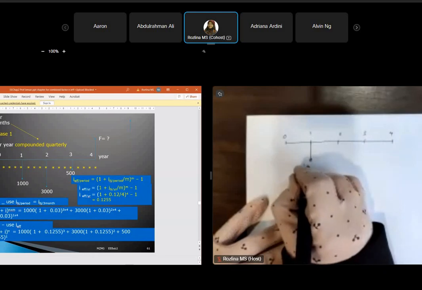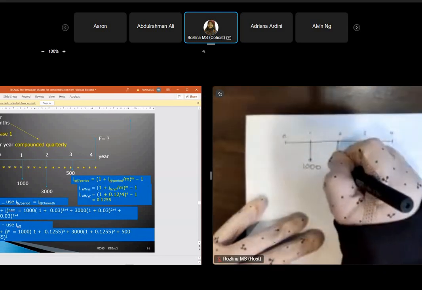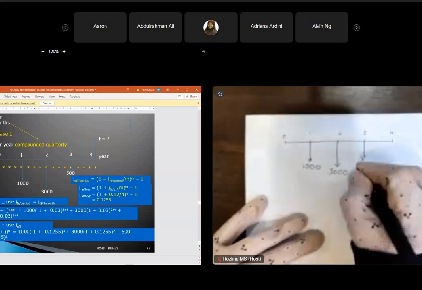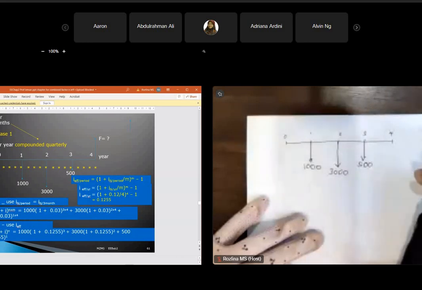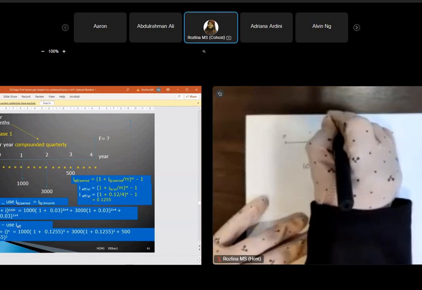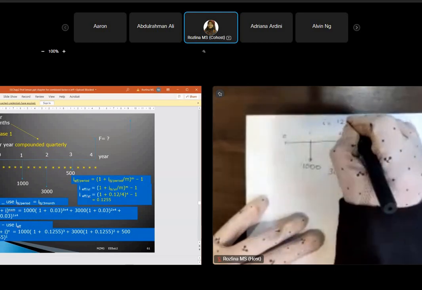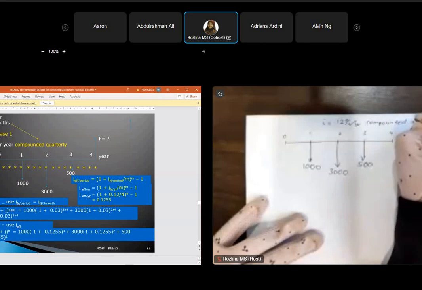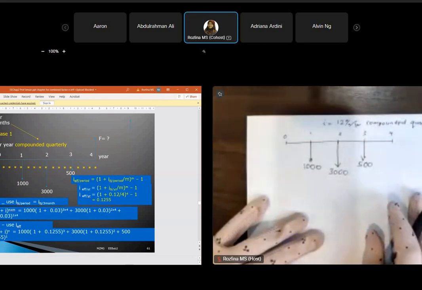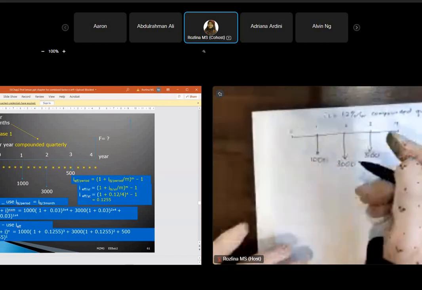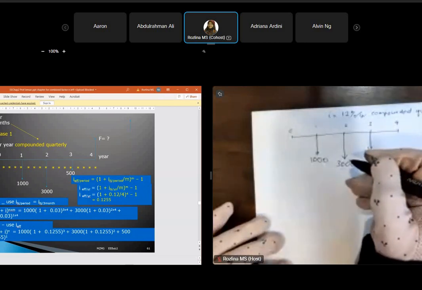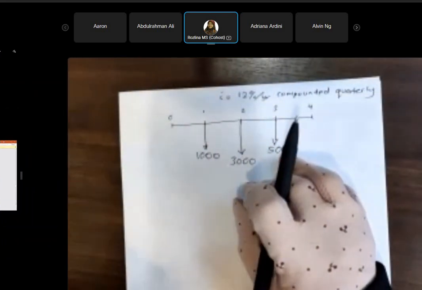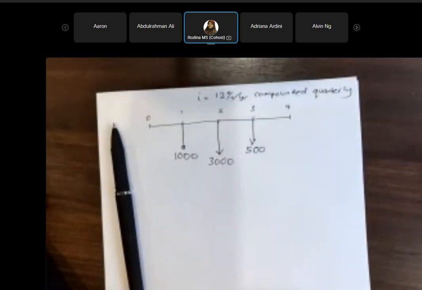The value is 3,000. The interest is 12% per year, compounded quarterly. Can you see it? I can't see it here. Oh, wait, wrong again.